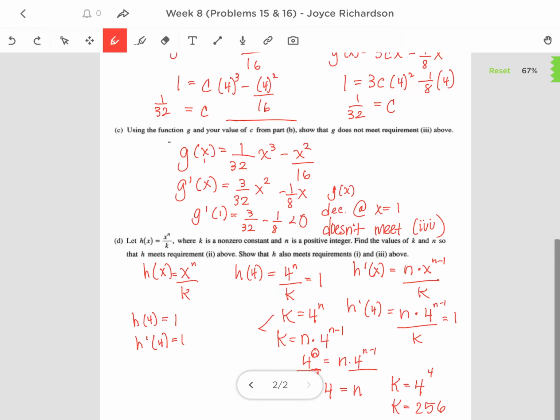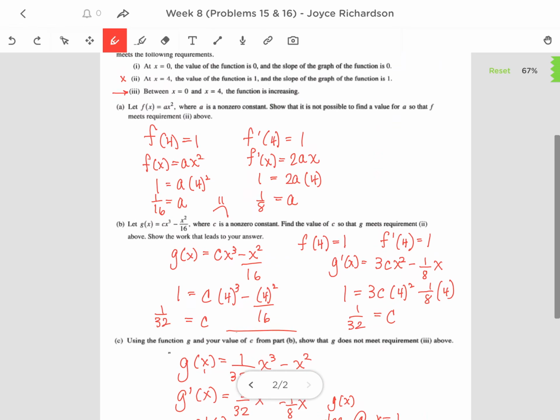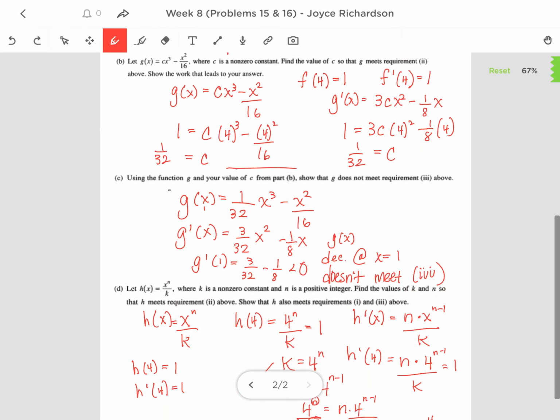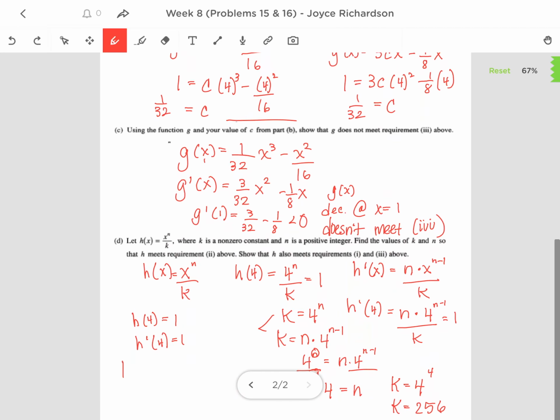Now to prove it meets requirement 1 and 2, requirement 1 says that at x equals 0, so I now know that h of x is equal to x to the 4th over 256. So h of 0 equals 0. That's a check.